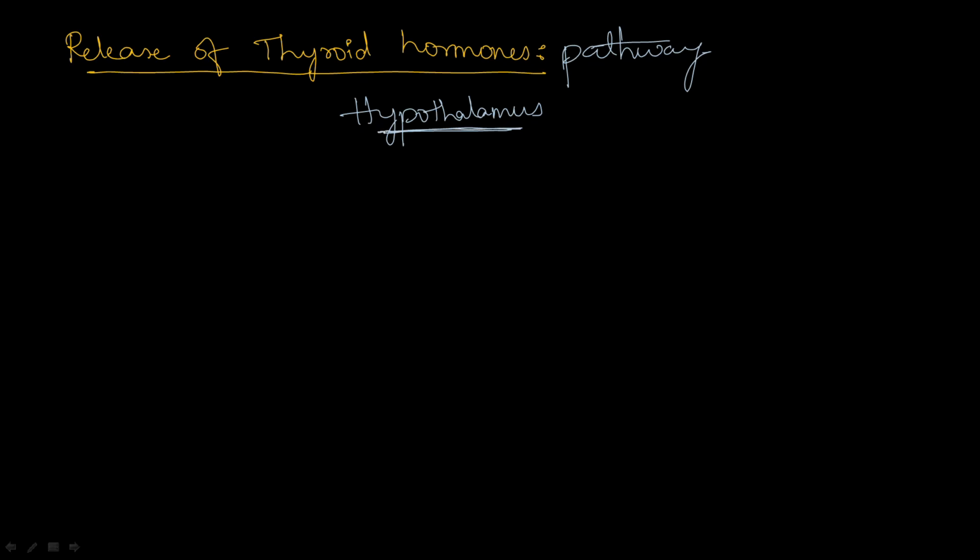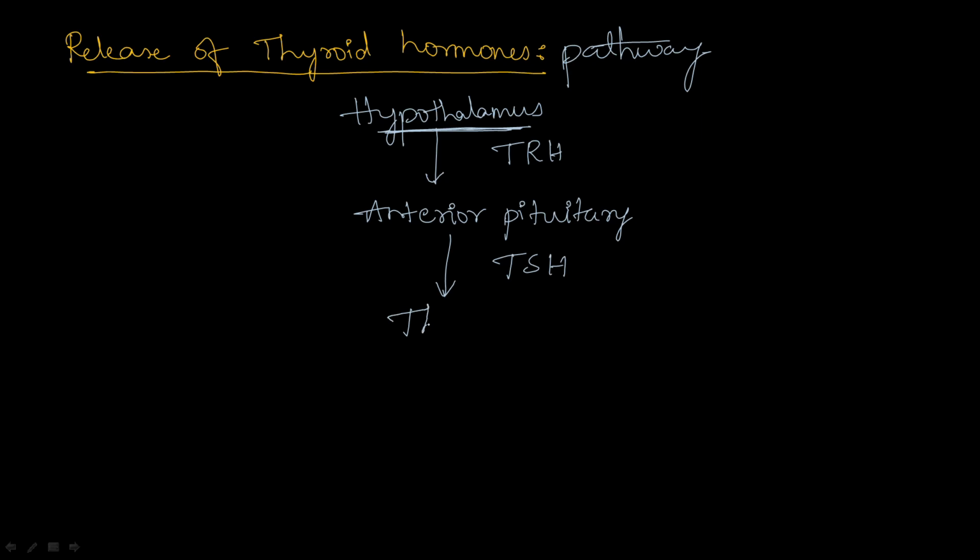This hypothalamus releases a hormone called TRH, and that acts on the anterior pituitary. This anterior pituitary releases TSH. This TSH acts on the thyroid gland. This thyroid gland then releases T3 and T4 into the blood.